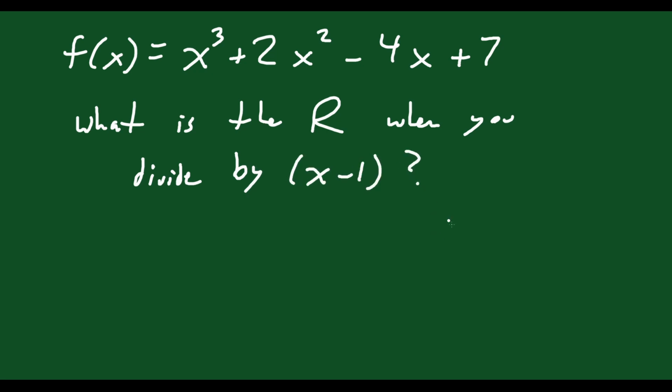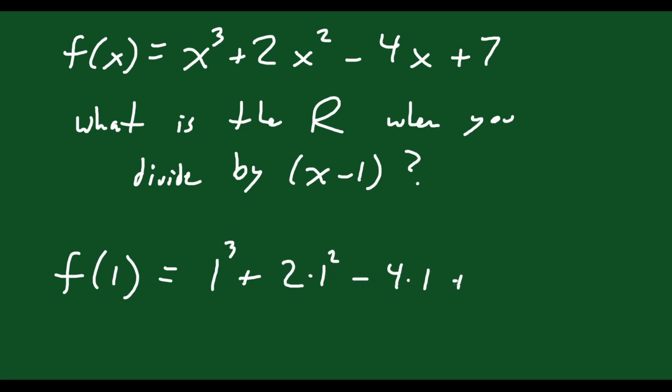You don't have to actually divide. All you got to do is say f at 1, and this will give you the remainder. So you do 1 cubed plus 2 times 1 squared minus 4 times 1 plus 7. So you get 1 plus 2 minus 4 plus 7. That's 7, 8, 9, 10 minus 4 is 6. So the remainder is going to be 6.